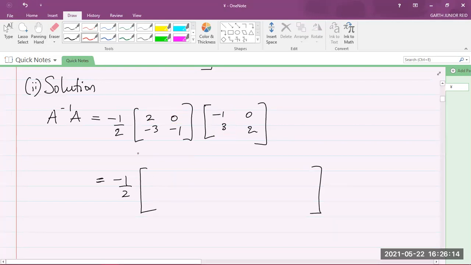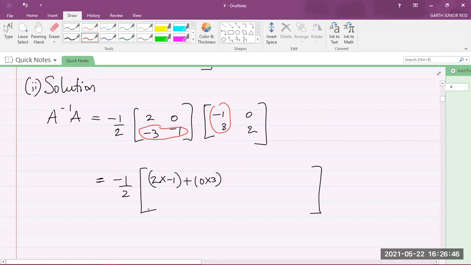So we're going to have 2 multiplied by negative 1 plus 0 multiplied by 3. Now I'm going to multiply the second row by the first column. In my resulting matrix, that element will be in the second row, first column.